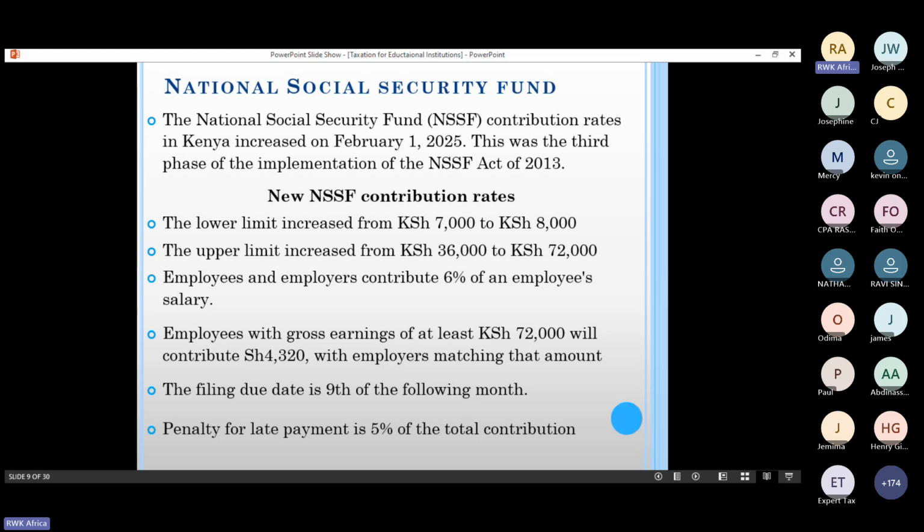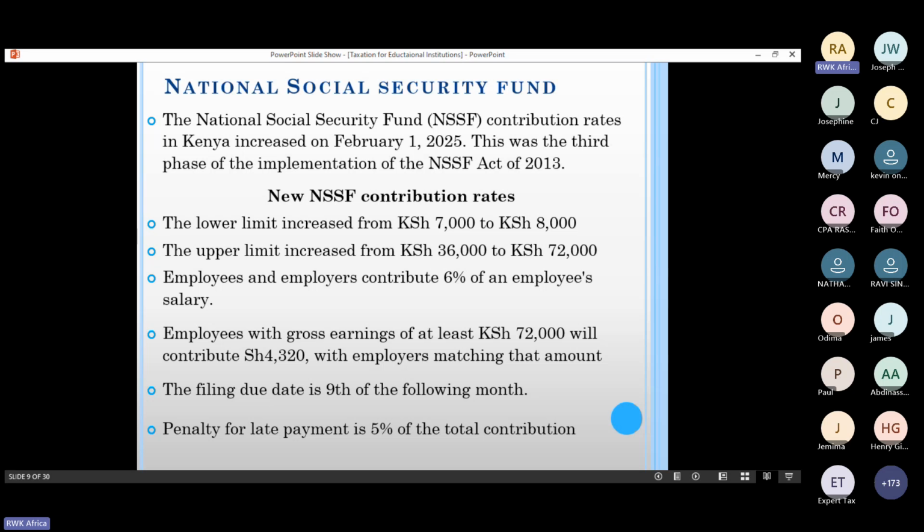So we have the filing date for NSSF. It should be done by the 9th of the following month, the same as Pay As You Earn. So even the NSSF should be done by the 9th. We have a penalty for late payment, which is 5% of the total contribution.